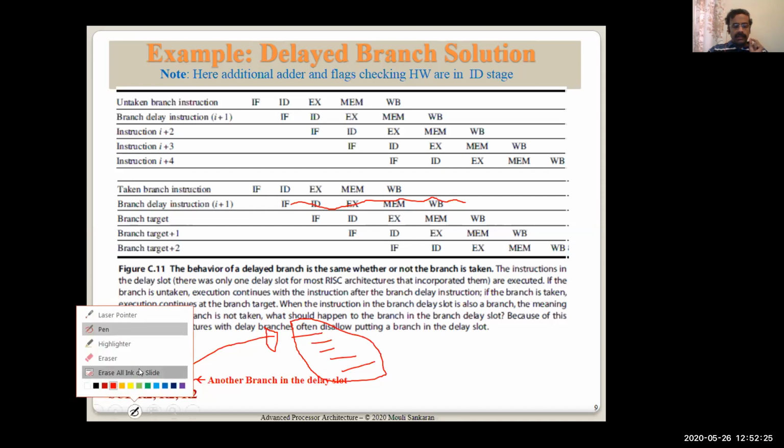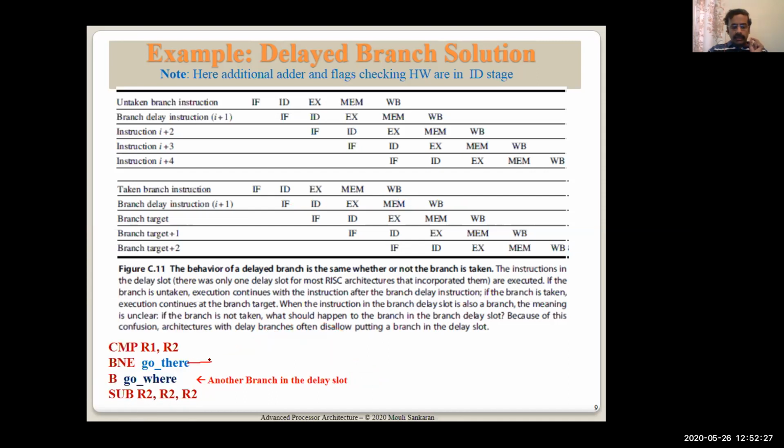Do you understand this? Actually, the branch is taken. So I do not want to execute anything below. I do not want to execute anything below, because I have a delay slot which I don't want to waste. I have put some instruction from here to this place.